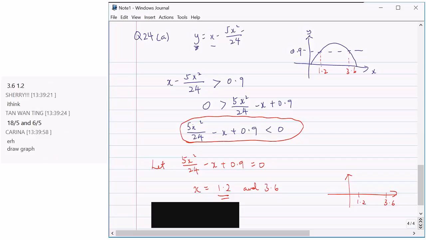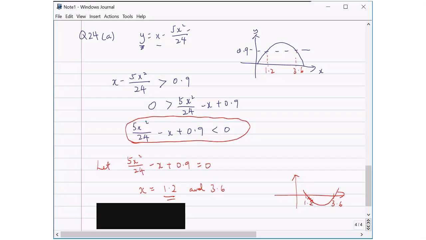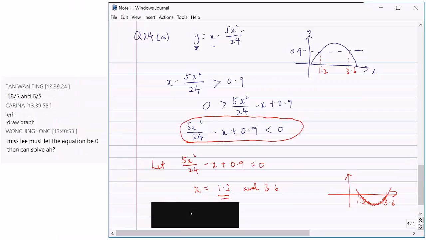I have here a smiling curve because remember I push all the x squared to be positive. I'm interested in less than 0, so I'm interested in here. I want the graph to be negative. So therefore my answer will be between 1.2 and 3.6.